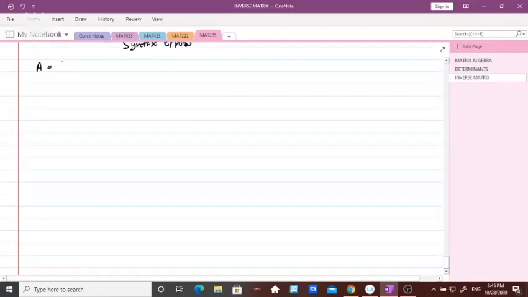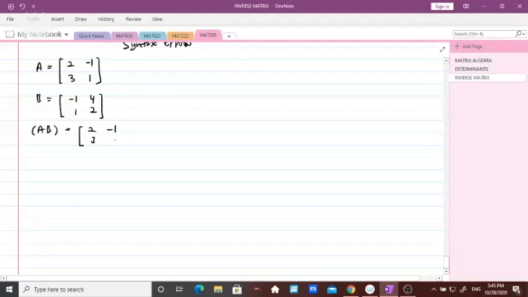Okay, let's say A is a 2 by 2 matrix, and we also have B, a 2 by 2 matrix. So from the properties we have AB.